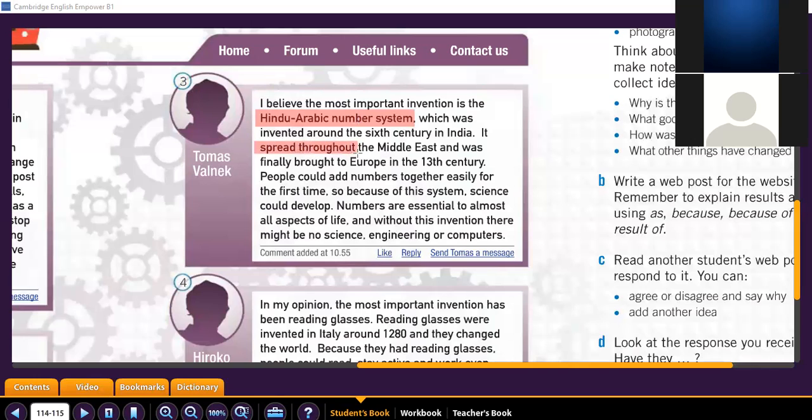Aquí tenemos dos palabras, la una es spread, que fue esparcido, ¿no? O distribuido, fue regado, esparcido. Y tenemos la palabra through, ¿no? A través o alrededor de Europa.